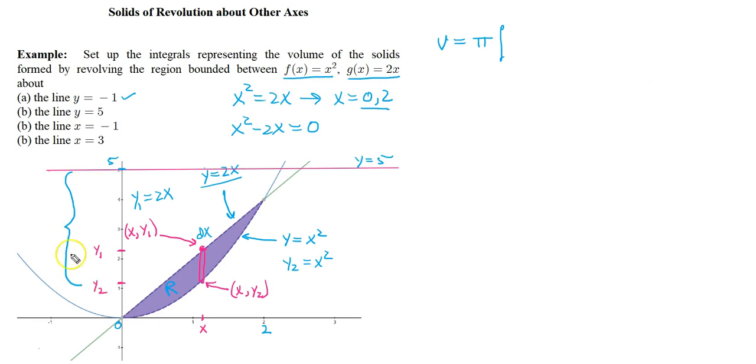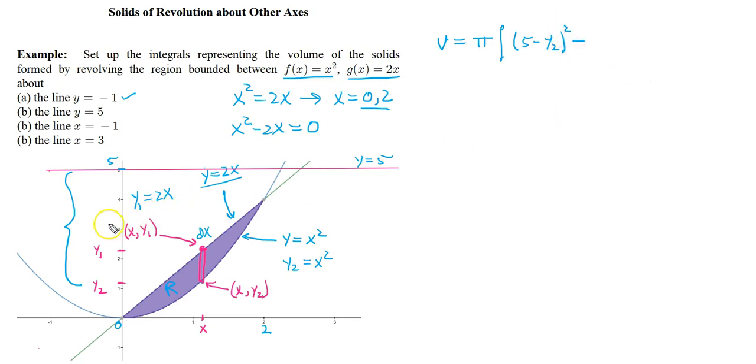That's being measured along the y-axis, and it's going to be 5 minus y2, right? The distance from here to here is 5, and I have to take away this distance, which is y2. That gives us our outer radius, so we have 5 minus y2, and we square it.